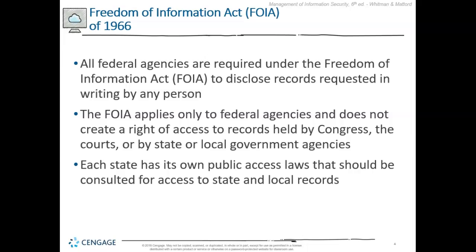So you can't go to the Plano city government and file a FOIA request and say, I want to see all the records pertaining to your use of funds for some project. However, you can go to a federal agency and request, using FOIA, information that agency might be working on. Each state has its own public access laws, and those should be consulted for access to state and local records.